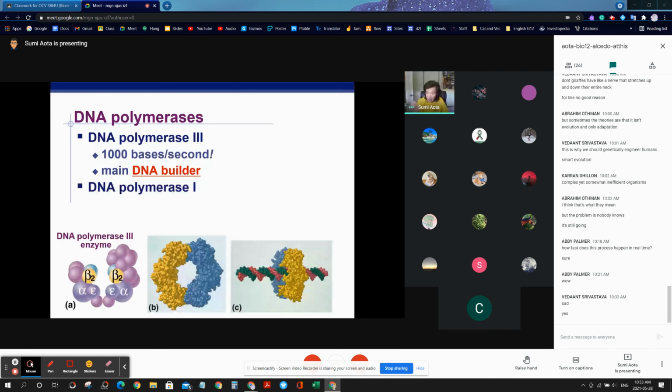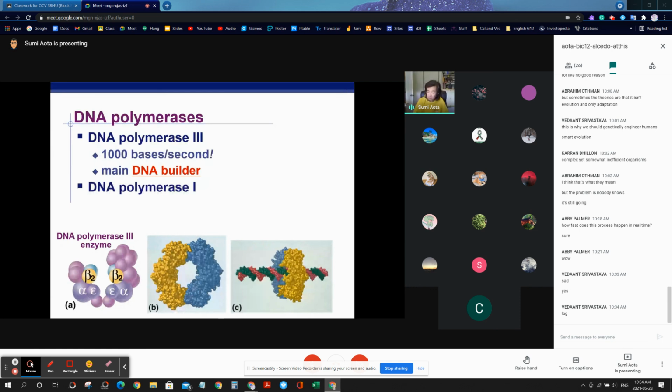DNA poly 1 is the one that replaces RNA. It also proofreads. So it's a spell checking enzyme. That's what the Amoeba Sisters meant when they said DNA poly also acts as a proofreader. Well, they were talking about a different version of polymerase, poly 1, 20 bases a second. Okay, so it's involved in editing, repair, and primer removal.